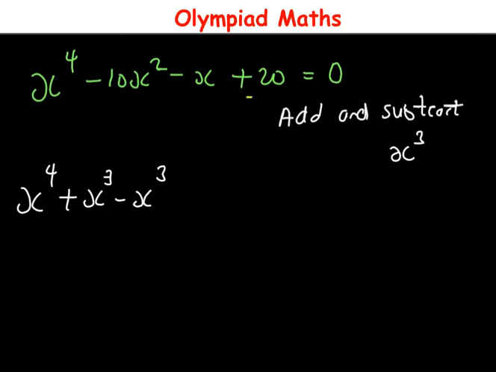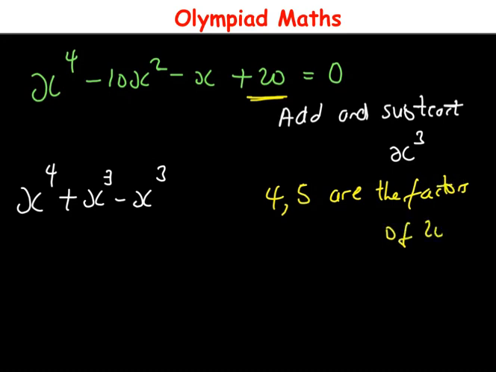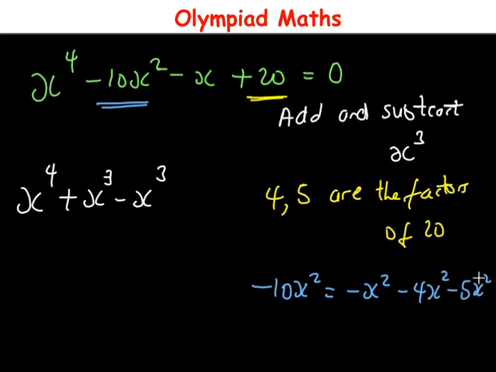And looking at 20 right here, 4 and 5 are the factors of 20, right? So instead of writing minus 10x squared, we can write it as minus x squared, minus 4x squared and minus 5x squared.